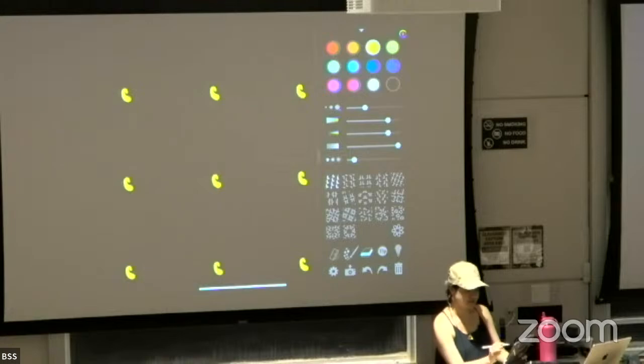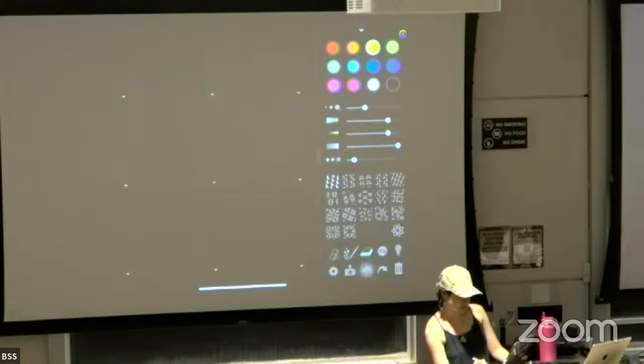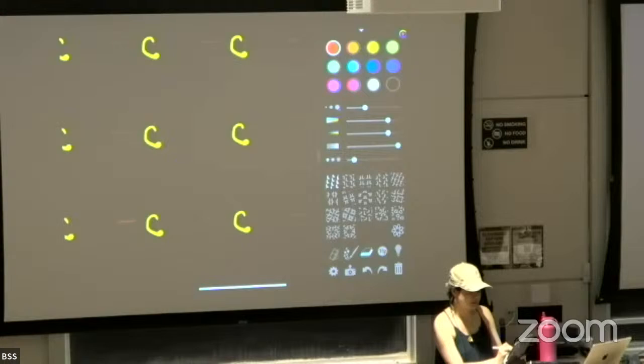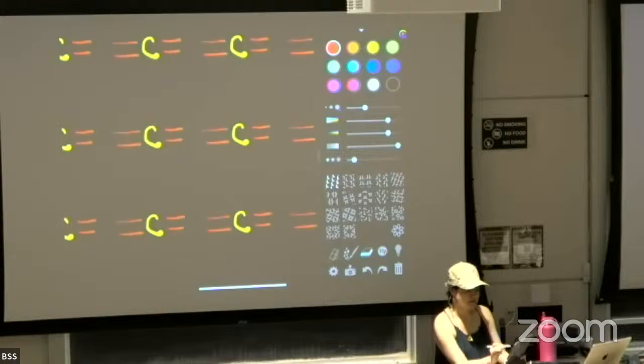Let's do this translation first. I can draw maybe a C. I think this is my attempt at very poorly remembering what Colorado's flag looks like.